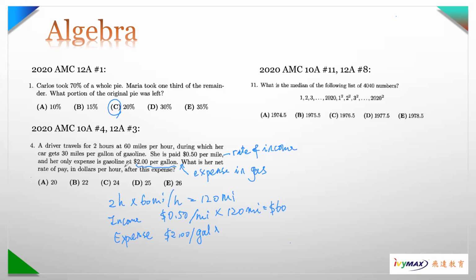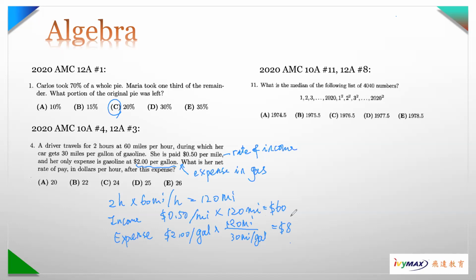It said the MPG is 30 miles per gallon of gasoline. So based on that, we get total distance 120 miles over the MPG, 30 miles per gallon of gasoline. So the total expense in gas is $8.